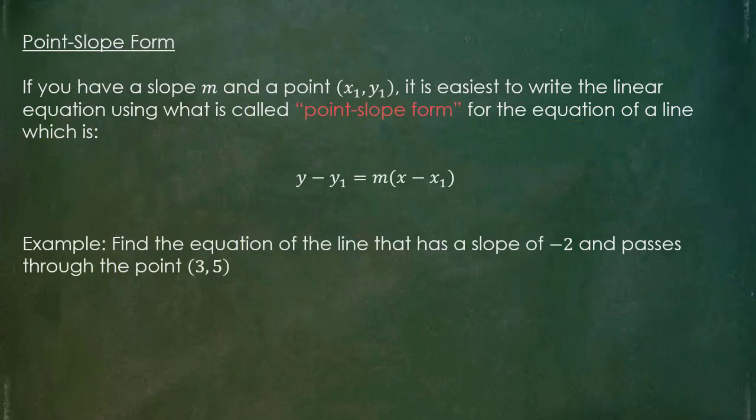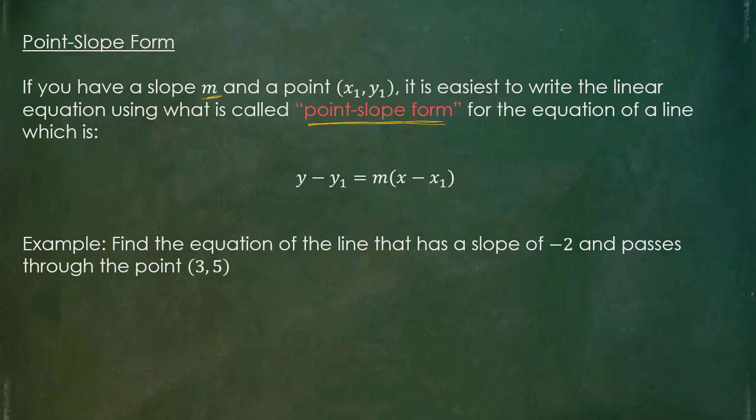And so now that we know how to find slopes, we can move on to another form of linear equations, which is called point-slope form. So if you're ever provided with a slope, so some value of m, and then some point x1 comma y1, the easiest way to actually come up with the linear equation for that is to plug straight into this thing called point-slope form.